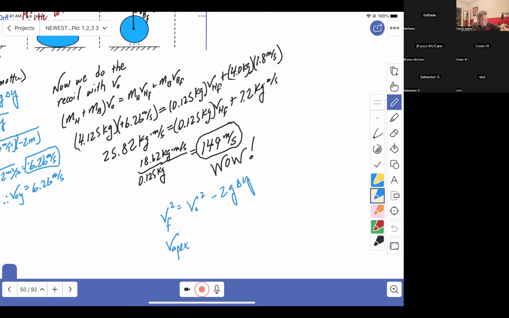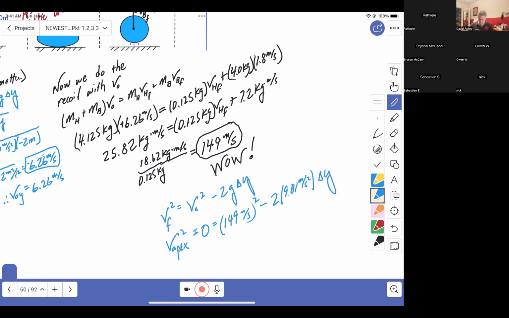So 0 equals 149 meters per second squared minus 2 times 9.81 times delta Y, and then solve for delta Y.